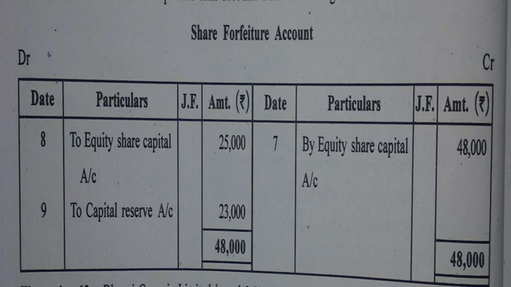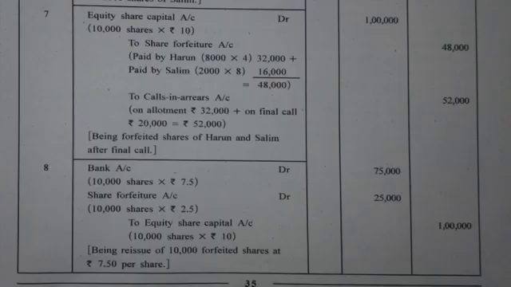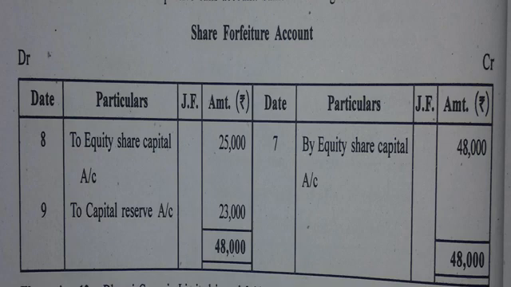So there are 3 journal entries, 7, 8 and 9. 7th journal entry, equity share capital account debit to share forfeiture account. So obviously you are writing by equity share capital account 48,000. Share forfeiture account it is, so the amount of share forfeiture always, not the amount of equity share capital account. You should be aware of this.